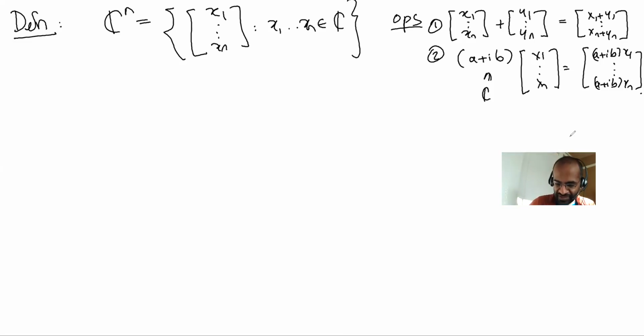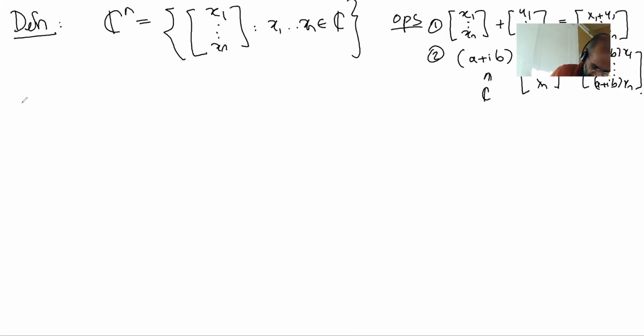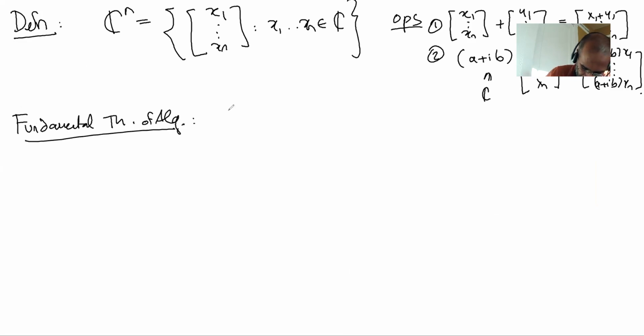So this is Cn. But why are we developing this new framework of linear algebra with complex scalars? Well, the main new thing that happens is you have the fundamental theorem of algebra, which I stated earlier, but I'll just restate.